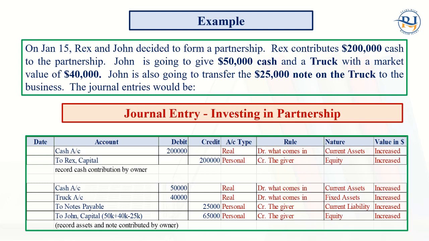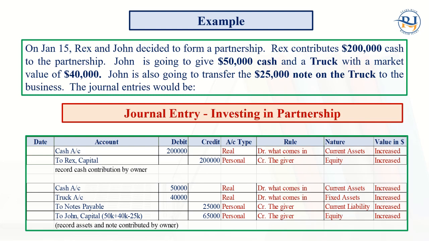Rex contributed $200,000 cash to the partnership, and John is going to give $50,000 cash and also bring a truck with a market value of $40,000. John is also going to transfer a $25,000 note on the truck to the business.